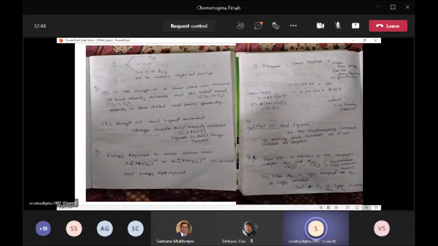The mean pairing energy is more comparable to the 10Dq value. So it is neither that there could be only pairing of electrons. It can either happen that all the pairs might not be paired up, or they might pair up. So it depends on the mean pairing energy and the 10Dq value.